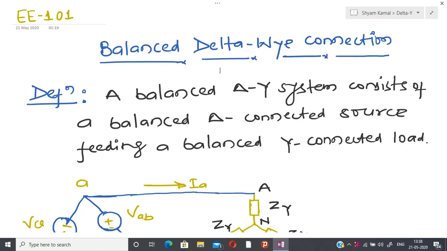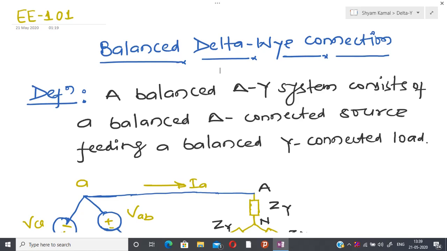Today we are going to see the last topology, that is balanced delta Y connections, and the goal again remains the same: we have to calculate the line current as well as the phase current, and we have to see the relationship between line voltage and phase voltage. So keeping these things in mind, we are going to start today's lecture.